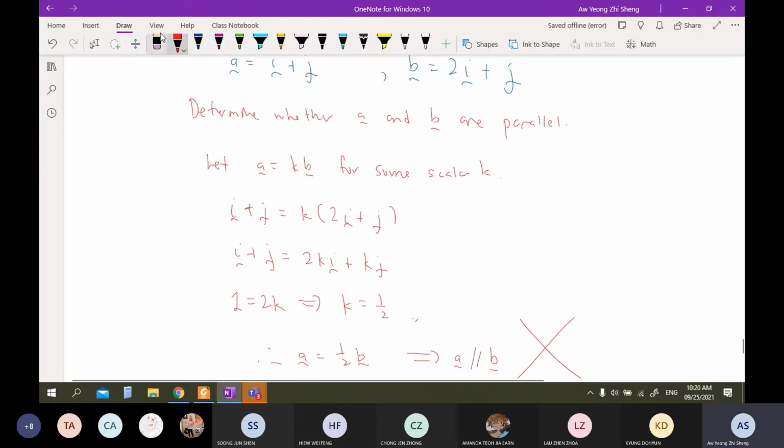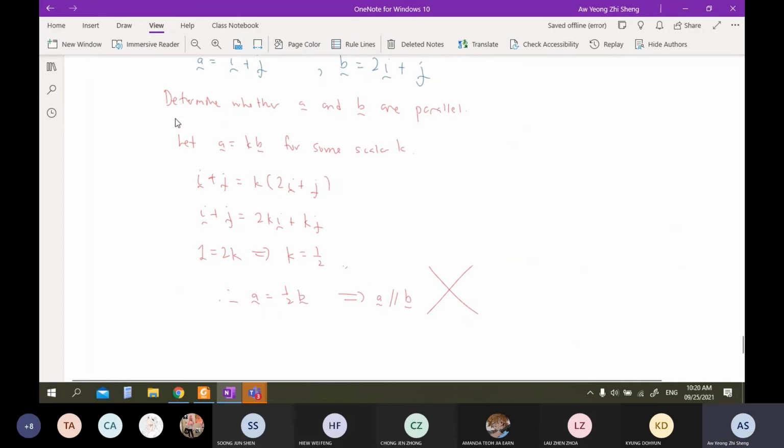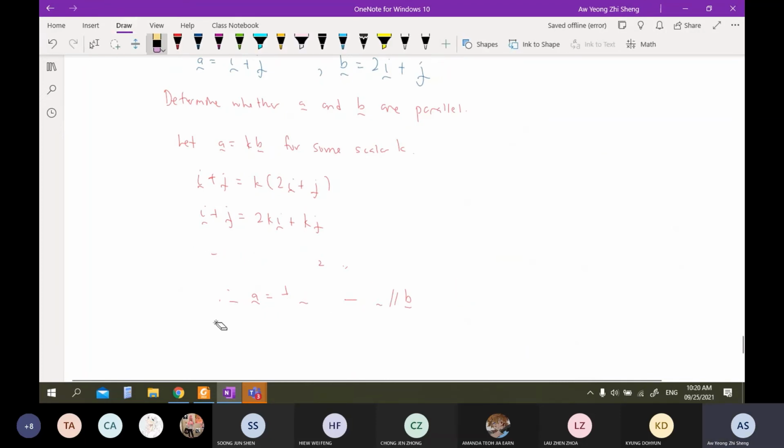What you should do instead is to solve for k twice, and then notice that k is inconsistent. So you say 1 is equal to 2k and 1 is equal to k.